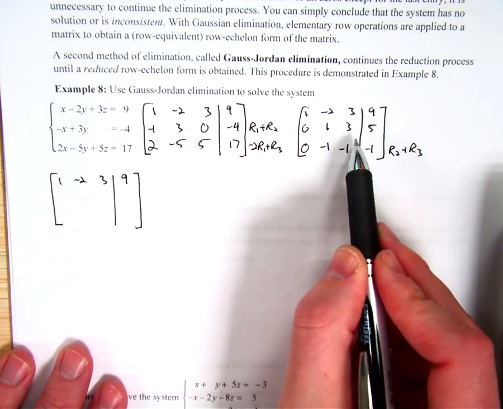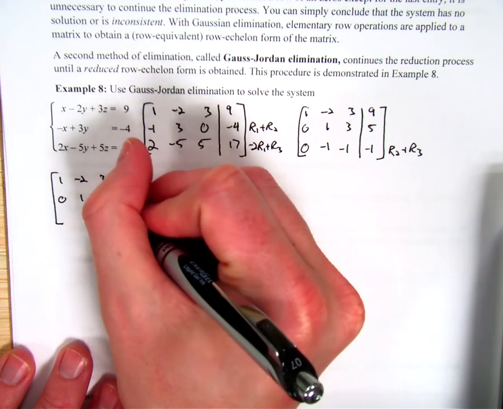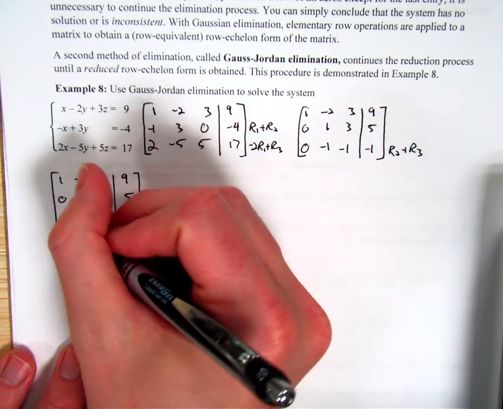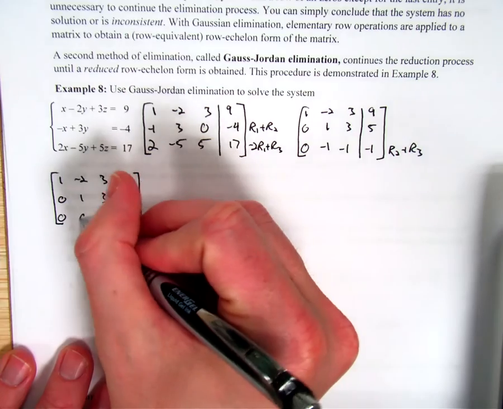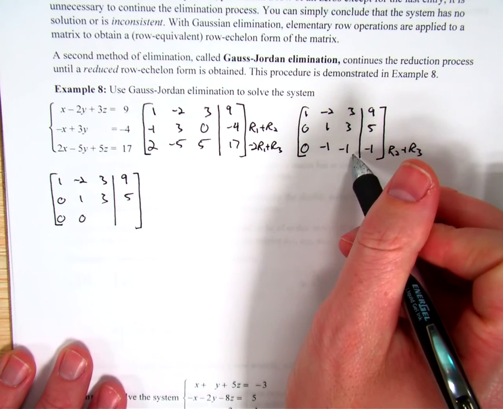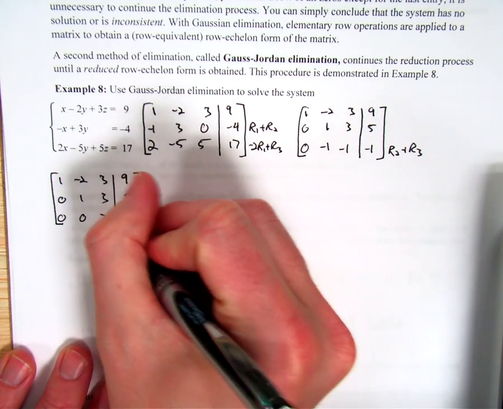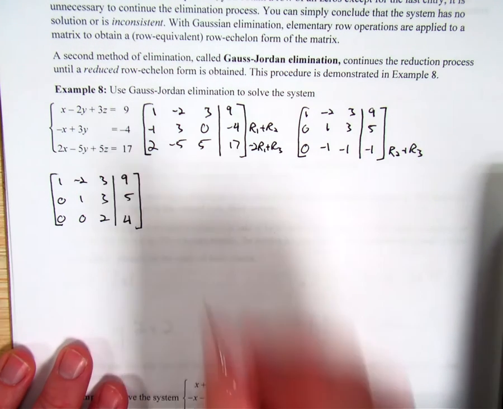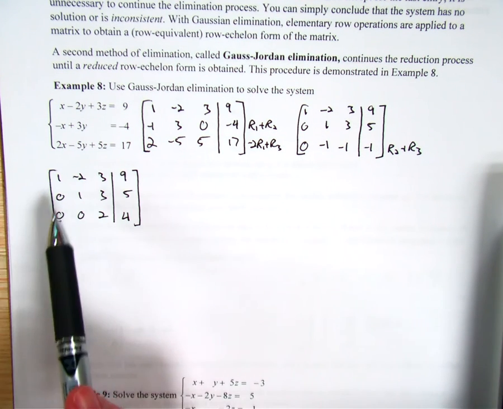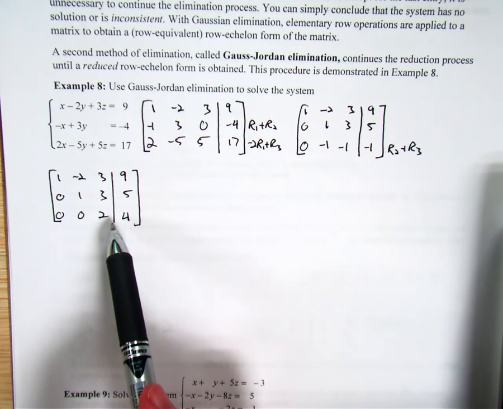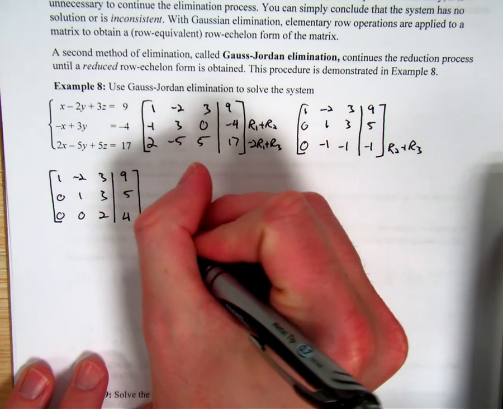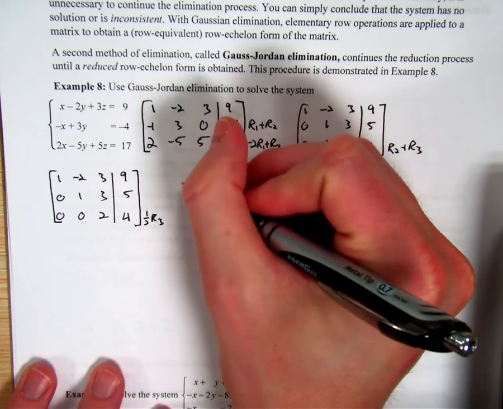Okay, 0, 1, 3 with a 5. 0. 1 and negative 1, 0. 3 and negative 1 is going to be a 2. 5 and a negative 1 is a 4. Okay, so I have another 1 with zeros below it. Now this is a 2. I want that to be a 1. So we're just going to go 1/2 R3.